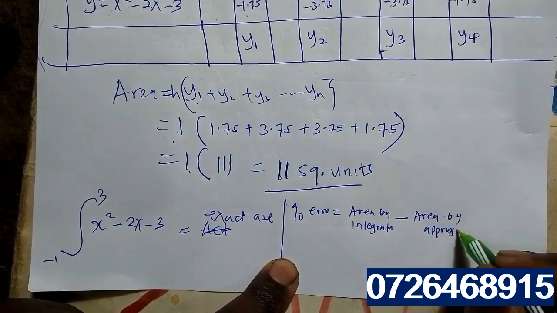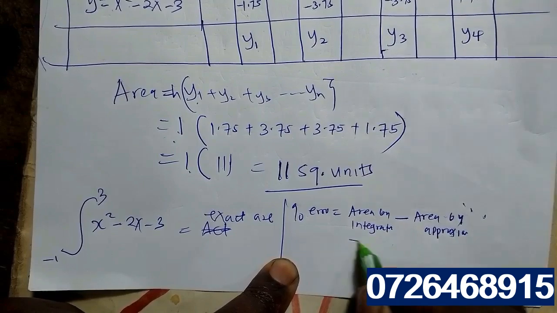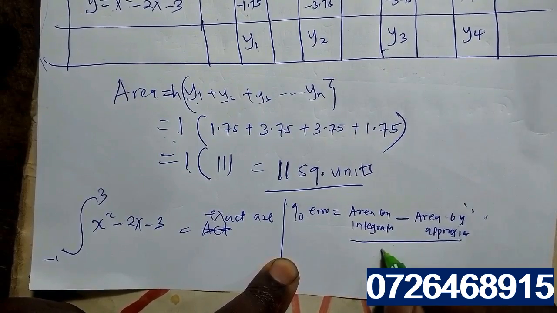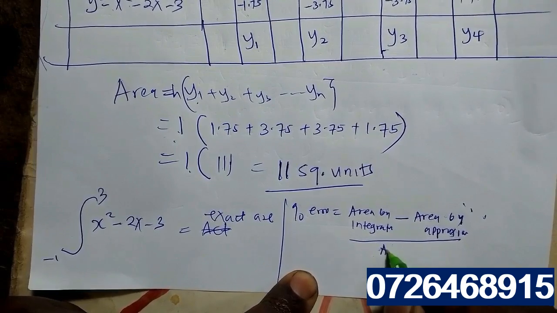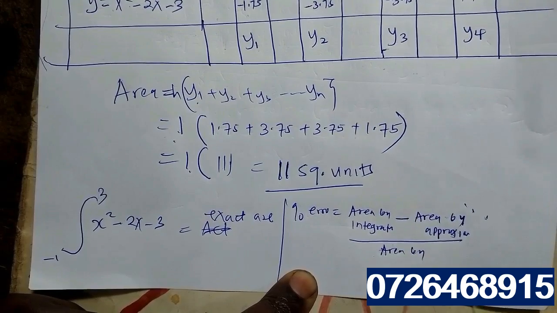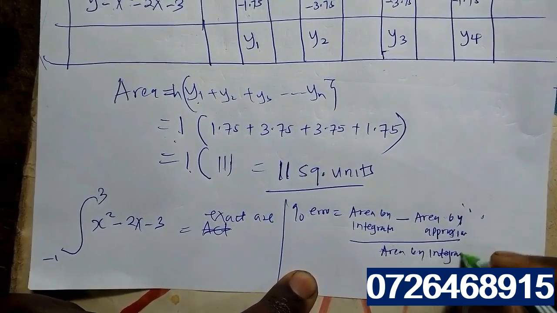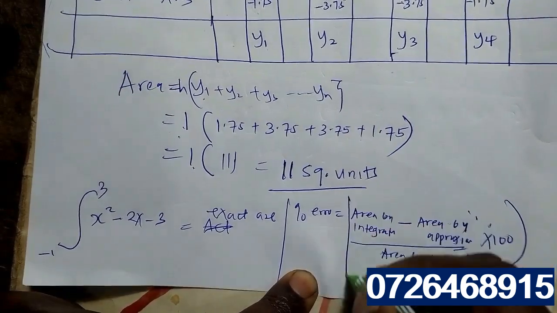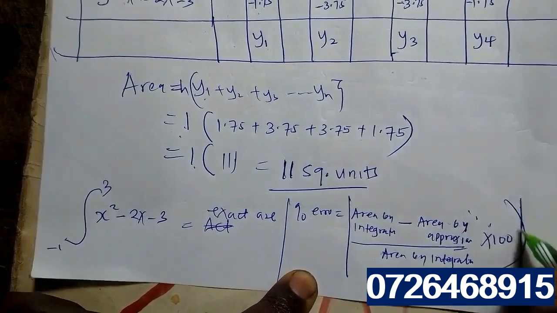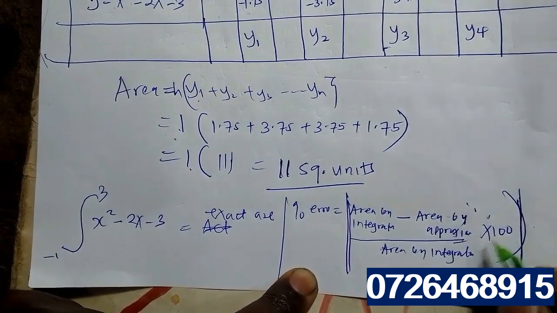The area obtained by approximation, everything here divided by area by integration, that is the exact integration, and then times 100. That one will give you in fact inakuanga absolute. Hata ikiwa negative you don't care. So this one is absolute, and this one will give you the percentage.